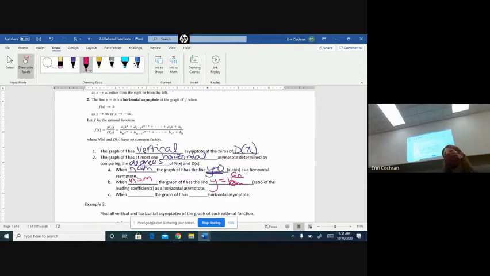Do we know what a leading coefficient is again? Yes, it's that first number in the front, right? So you'll put the leading coefficient of your numerator over the leading coefficient of your denominator as the horizontal asymptote. When the degree of the numerator is greater than the degree of your denominator, there are no horizontal asymptotes.